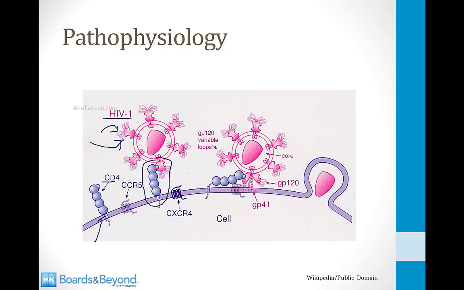HIV needs to then bind to one of the co-receptors, either CCR5 or CXCR4. And as we just talked about in the last slide, some HIV virus particles prefer to bind to CCR5 and some to CXCR4. Once GP120 has bound to CD4 and one of the two co-receptors, then GP41 can serve its role as an anchoring protein, and from there HIV gains entry into the cell.